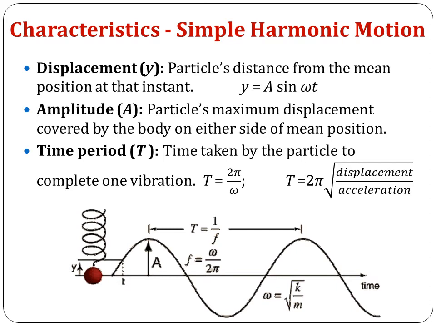T in terms of the acceleration is given by T is equal to 2 pi square root of displacement by acceleration. T in the diagram is given here. It is measured as the time period from one crest to the adjacent crest or from a trough to the adjacent trough.